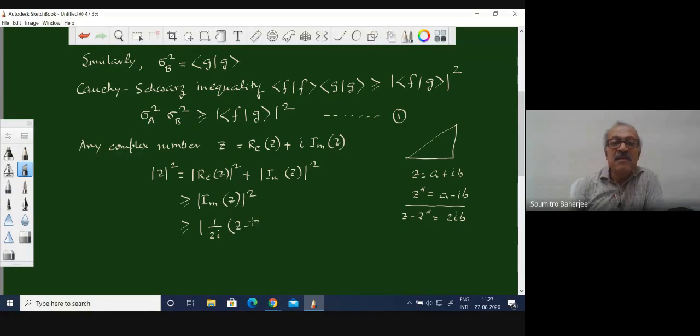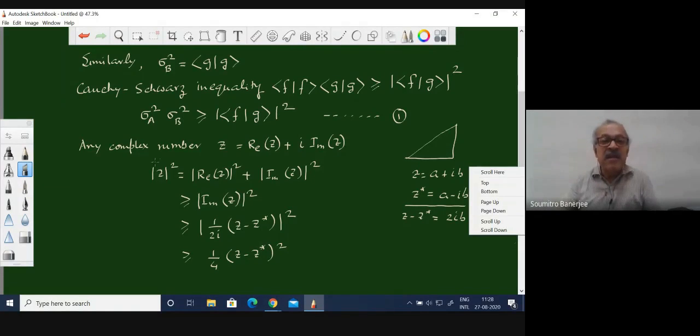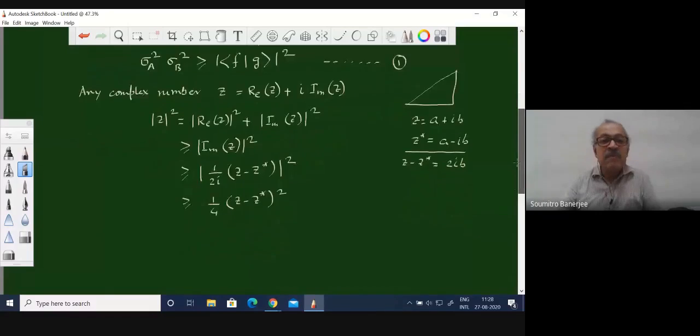And since this is a mod, the i does not matter, and the 2 becomes a 1/4 of the mod square of Z minus Z star. Great. So we'll use this. There is one inequality here, and there is another inequality there. We'll need both in order to proceed.